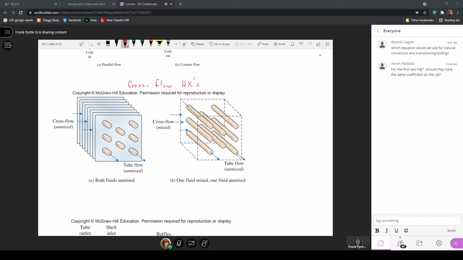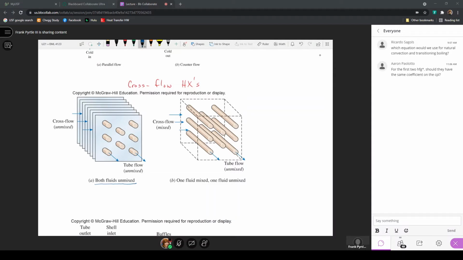Now, when we have fins that control the fluid flow of the gas over the tubes as it moves through the heat exchanger, this is what will be considered both fluids unmixed. Of course, the fluid that is moving through the tubes is confined, such that if I have these 7 tubes, on the other end, on the backside of this heat exchanger, fluid comes into this pipe and goes out of the pipe.